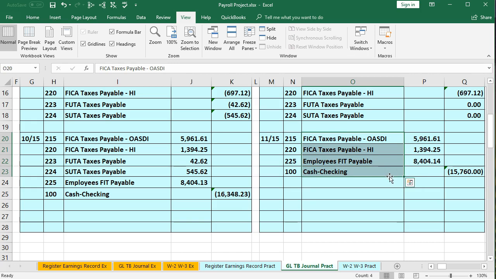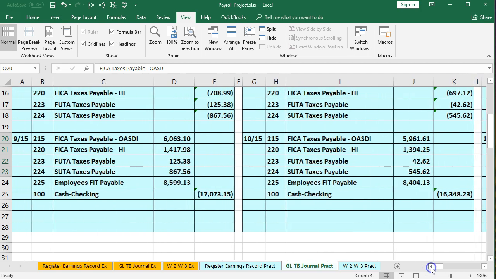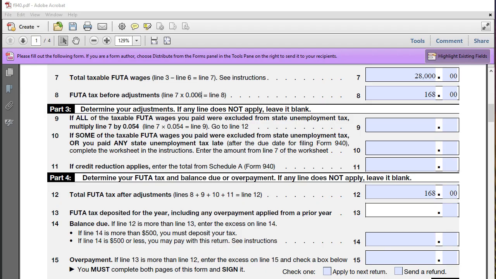Why? Because everybody hit the cap, which will typically be the case. You'll make a lot of SUTA and FUTA payments in the first quarter or the first months of the first payroll processing period of a year, and then it'll go down drastically. So these are the payments that we have made. If we add these up, this plus this adds up to that same 168. So it's the same number, so we're good.